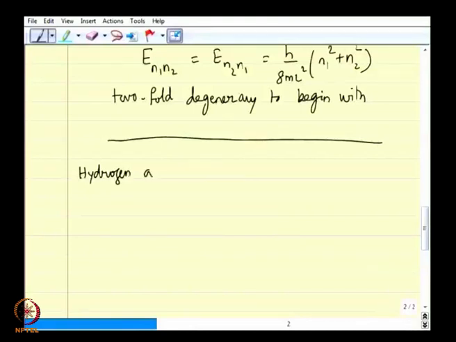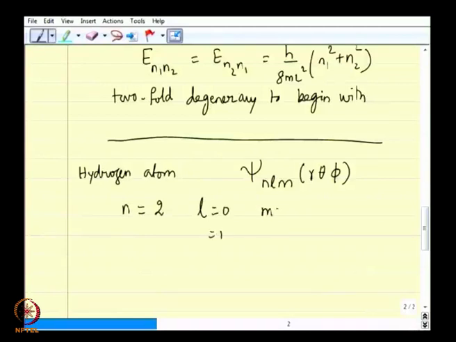In the case of the hydrogen atom also you had a similar problem solved, namely the quantum numbers n, l, m corresponding to the coordinates, the radial and the angular. If n were 2, one may recall that l would have been 0 or 1, and for l equal to 0, m is equal to 0, there is one eigenfunction 2 0 0, and then you have 2 1 1, 2 1 0, 2 1 minus 1.